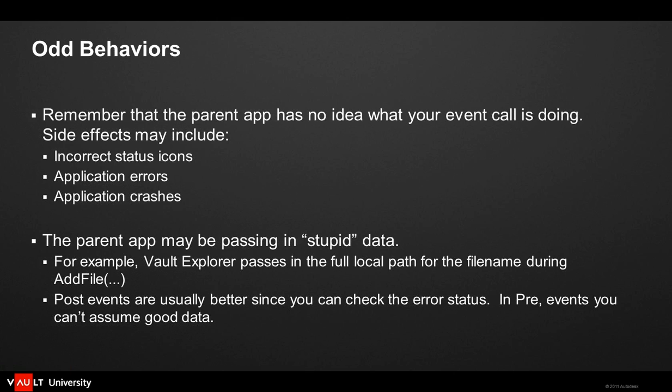Another thing you have to realize is that you've got your event handlers and you're getting data passed in. That data might not be good data, right? Just because you've hooked into something doesn't mean that the data is correct. And there's even some data I'm calling stupid data.